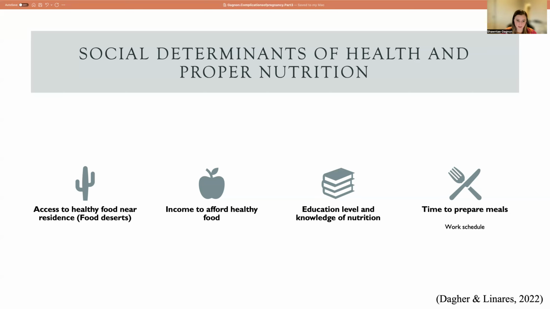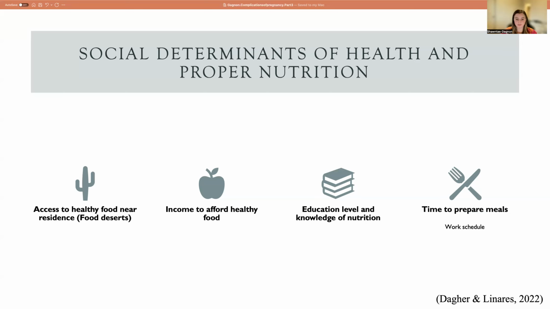So specifically for nutrition, a few social determinants of health to consider right off the bat are, do they have access to healthy food near where they live? Do they live in a food desert? Do they have transportation to a grocery store that has healthy food? Is it too far away for them to walk? Maybe they don't have a car or a way to get there. And then do they have income to afford healthy foods?